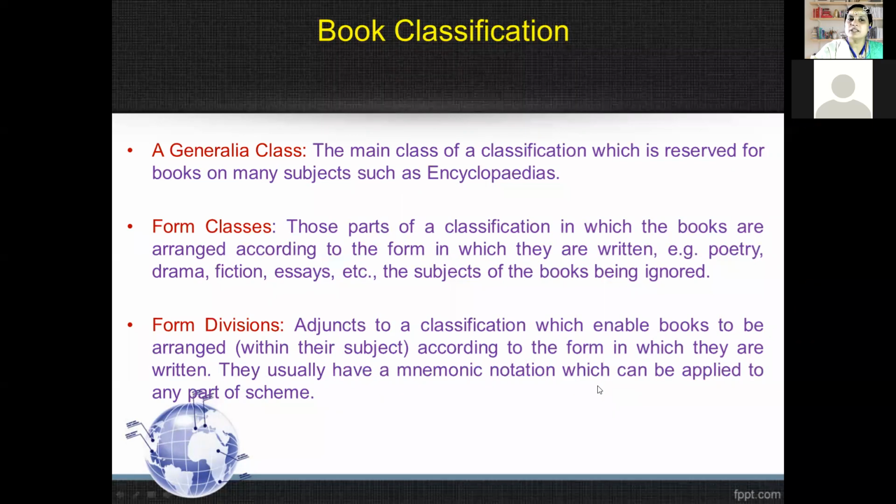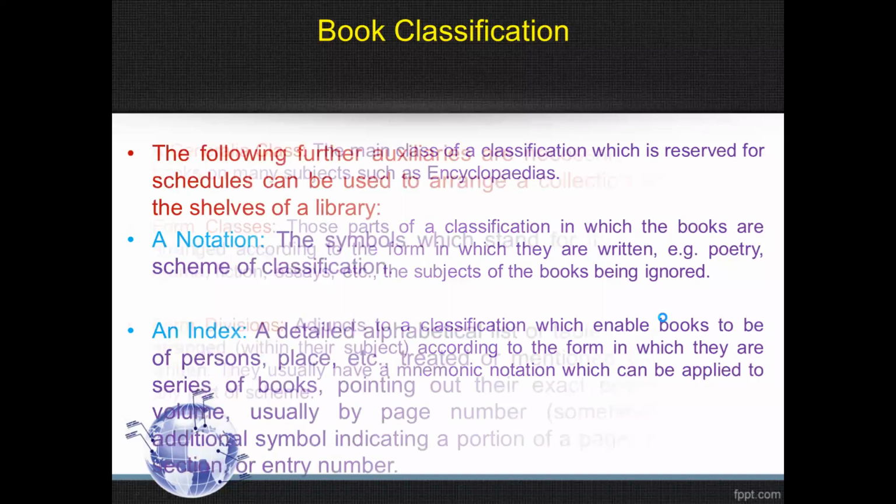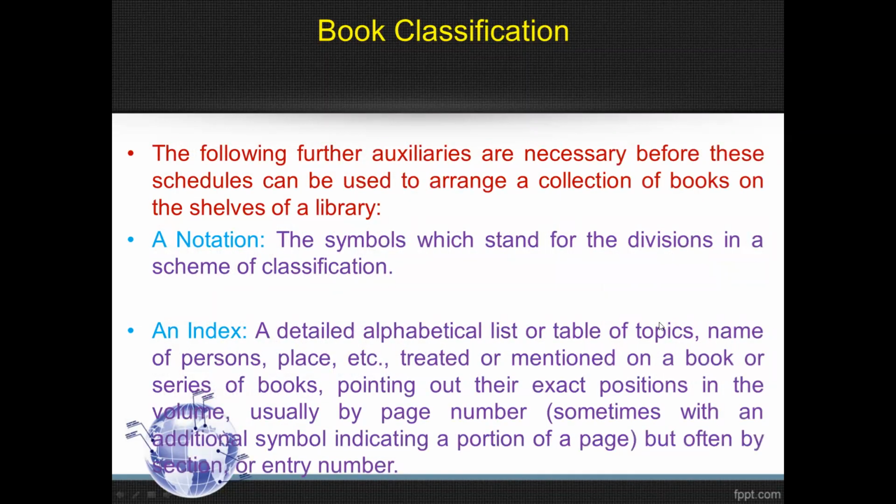So in book classification, we are using the main class, then the form classes, then the different types of divisions also, in which we can remember the notations of a particular subject. So we have seen the knowledge classification and the book classification. Let us see what the differences are.